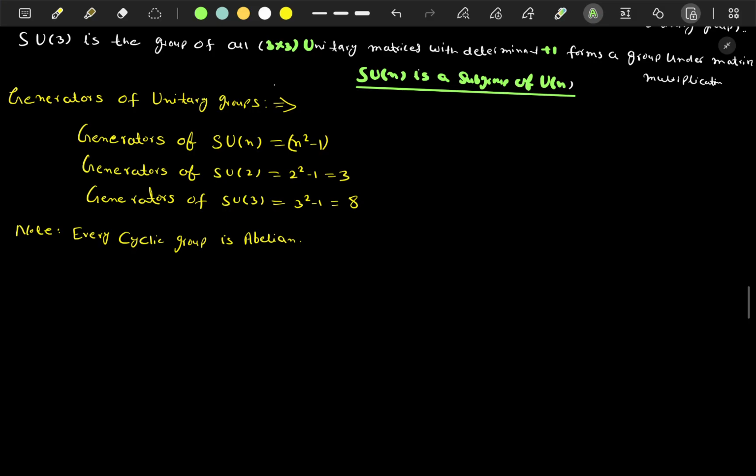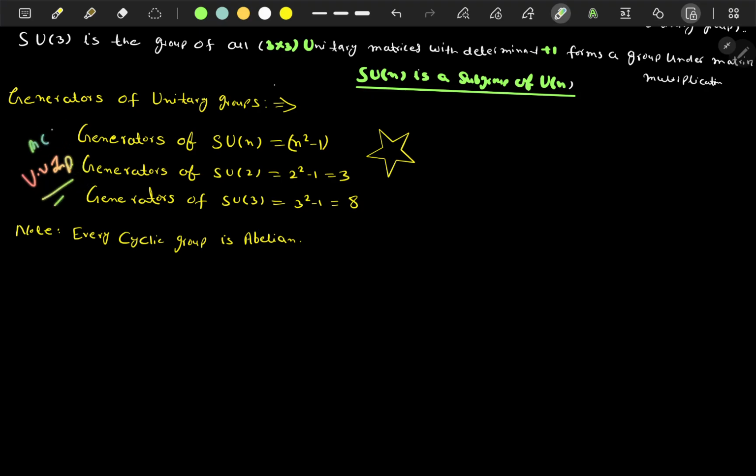Now generators of unitary groups, this is very important, remember this. So a special unitary matrix group is there. So the number of generators of SUn equals n square minus 1, very important.